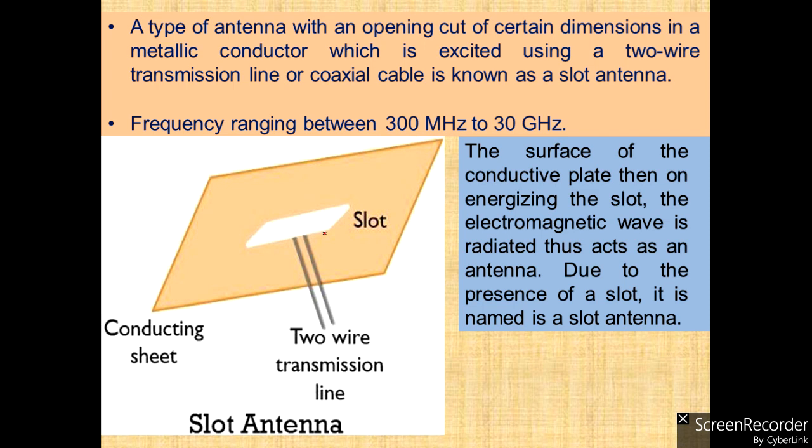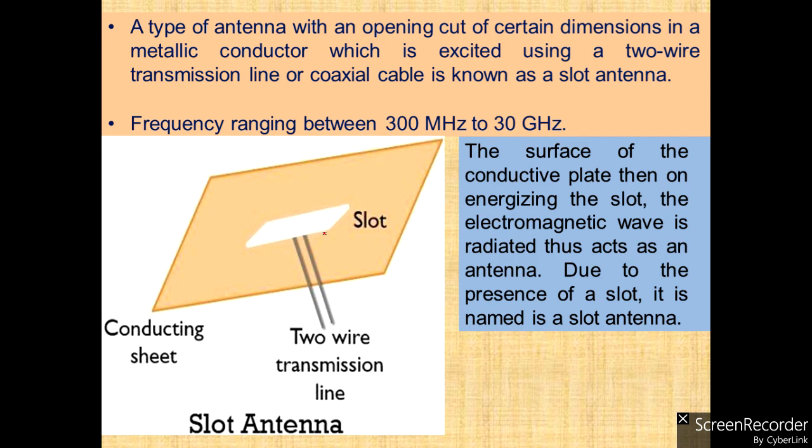So how do we define a slot antenna? A slot antenna is a type of antenna with an opening cut of certain dimensions in a metallic conductor, which is excited using a two-wire transmission line or coaxial cable. Its frequency range is from 300 megahertz to 30 gigahertz.